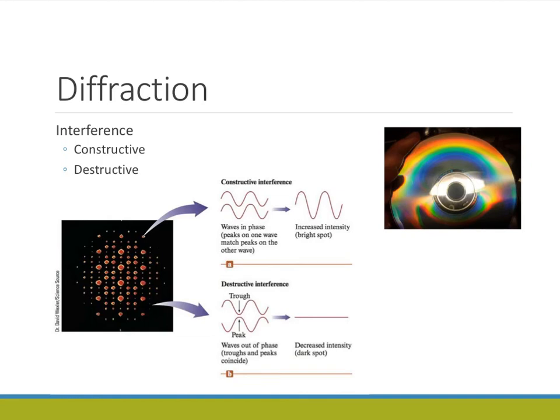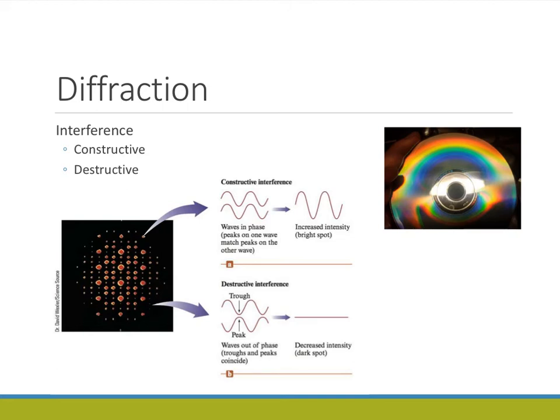Alright, so now we're going to talk about diffraction. And diffraction is a pattern that happens when we have constructive or destructive interference. Now, it's pretty easy to understand constructive and destructive interference when we talk about light as a wave.